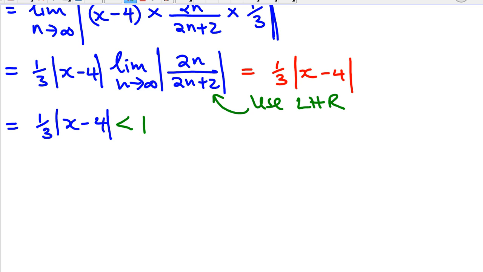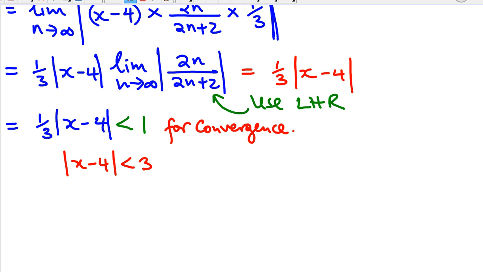But this should be less than 1 for convergence. Because remember, we're trying to find the interval of convergence, which means you can multiply the right hand side by 3, so you'll end up with absolute value of x minus 4 less than 3.